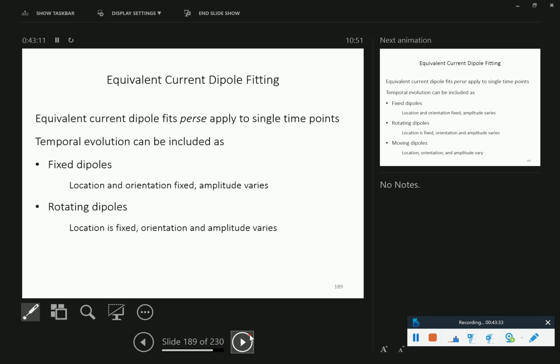Another option is to have rotating dipoles where the orientation and amplitude varies, so that you have, for example, an activity in primary somatosensory cortex, and you assume, okay, it will remain there, but it will change its orientation because it's going to a different bank of the sulcus or so. So it also might make sense to let the orientation vary.